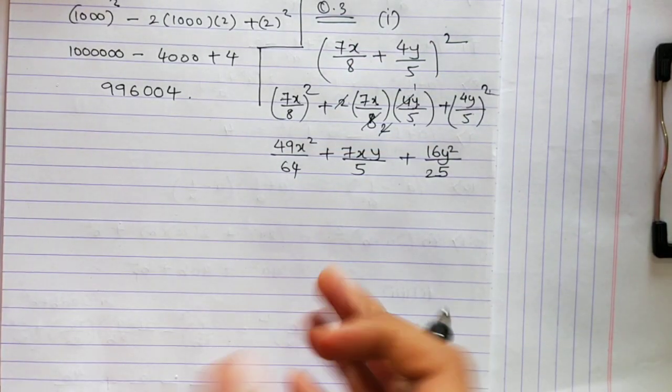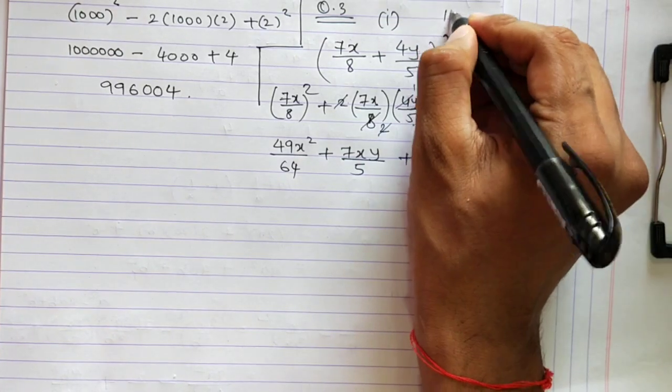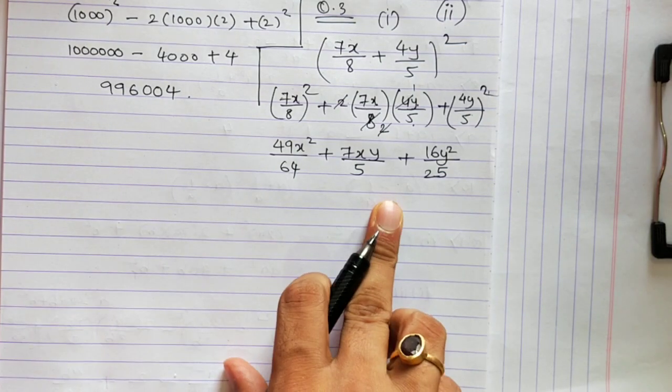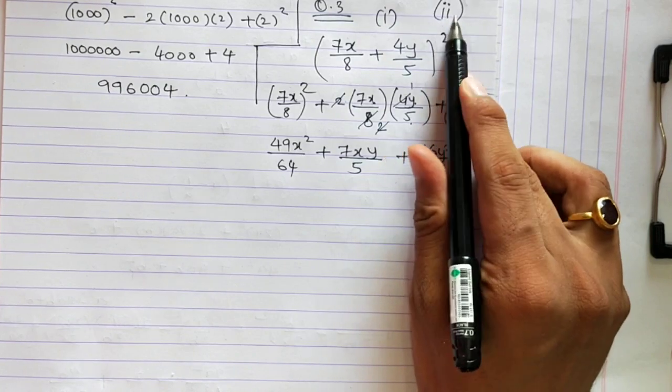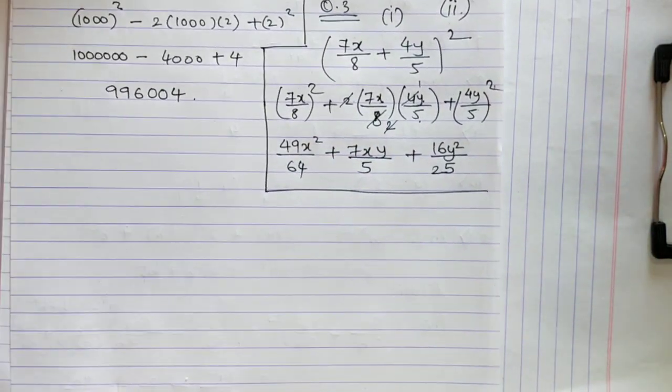Very basic formula application. Okay, copy the sum. Solve the second one also. Keep the video paused, solve the second one, check your answer and then continue with the video. Okay, because I'll start with the question number 4.